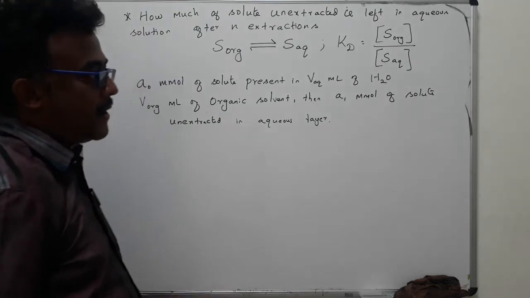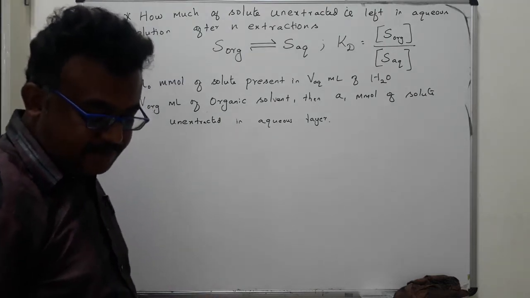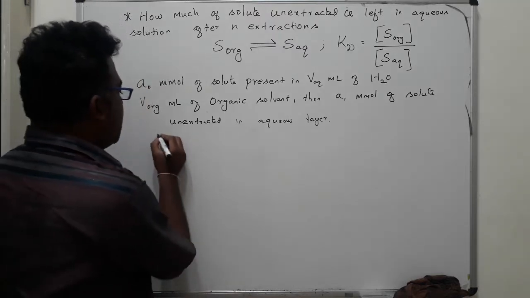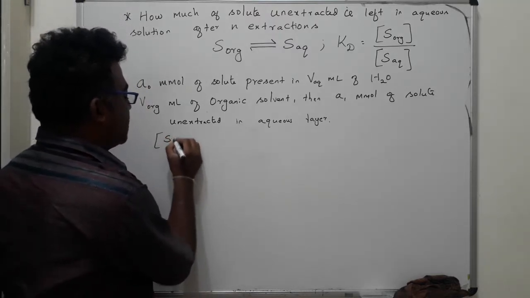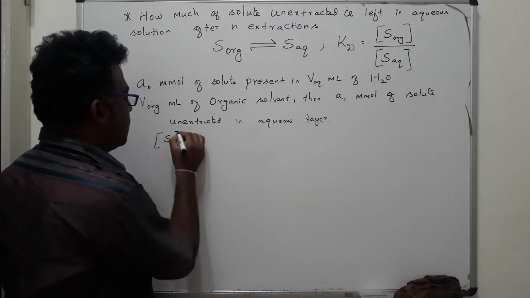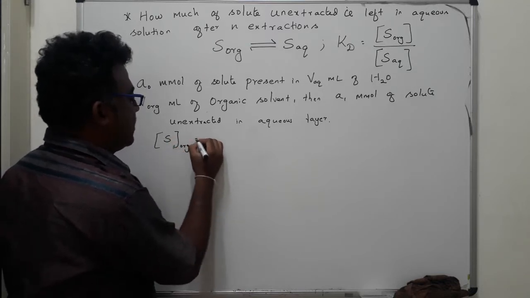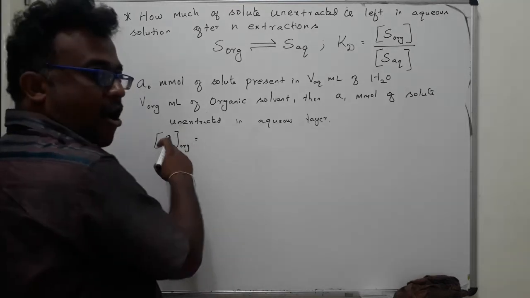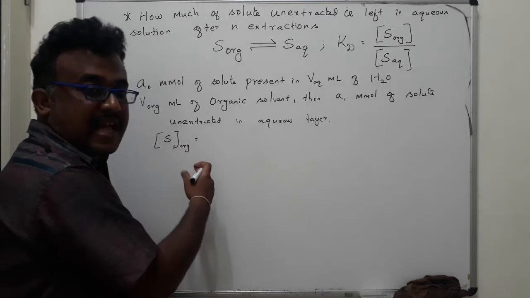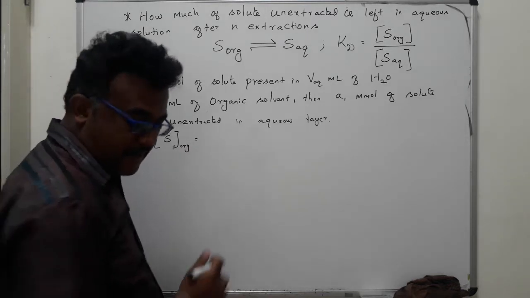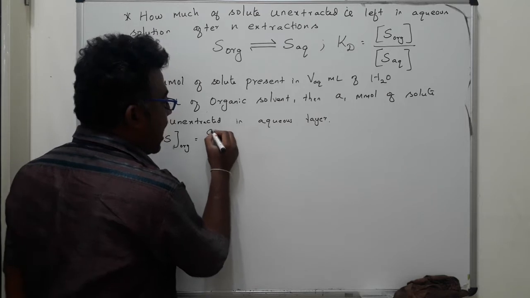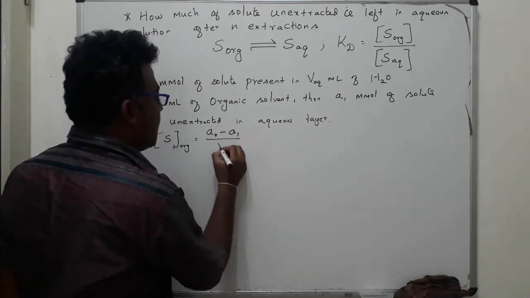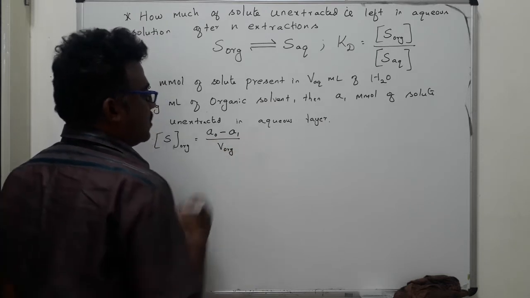So now we can relate this term with respect to concentration. Concentration of S in organic is how much amount of solute is present in the organic layer. That will be equal to simply A0 minus A1 divided by V organic.